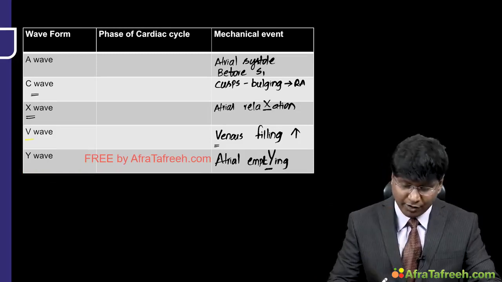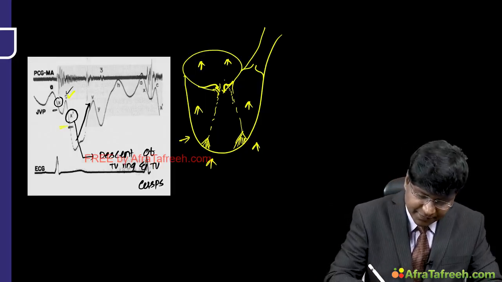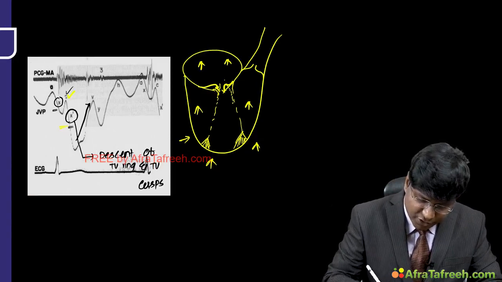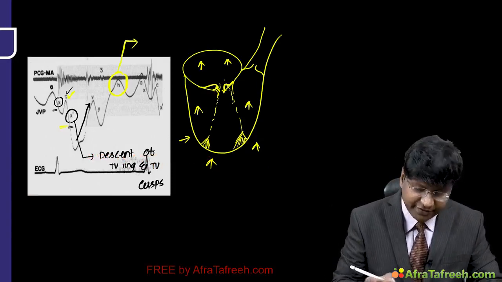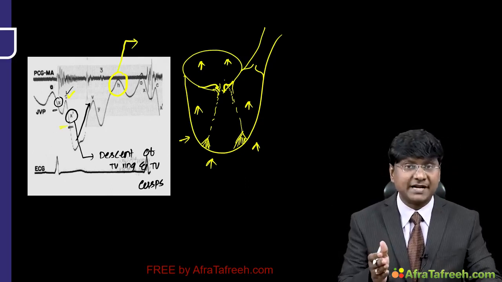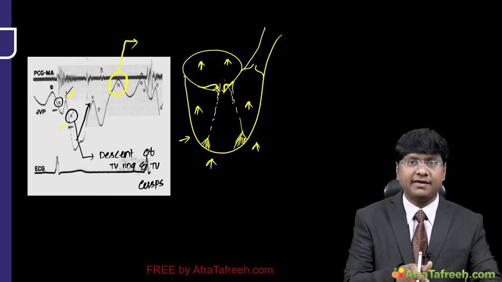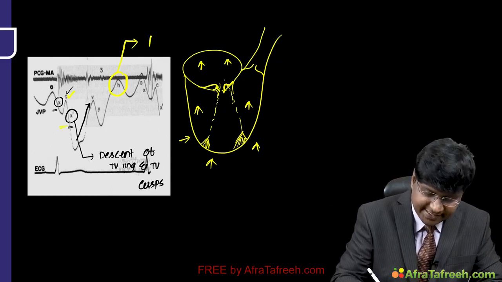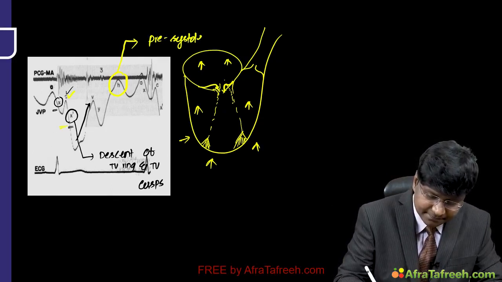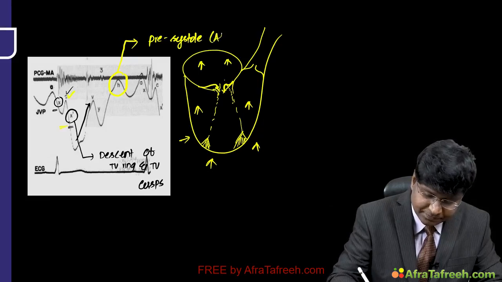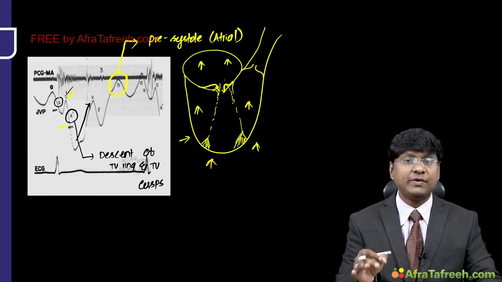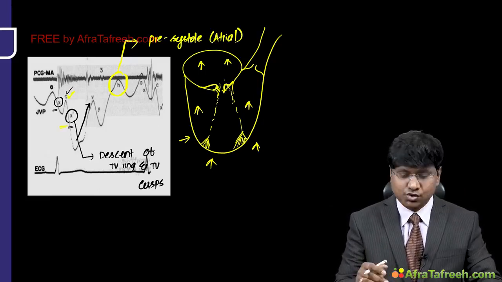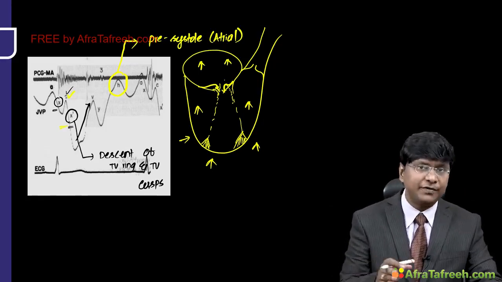One more important wave is the H wave. The H wave usually is not seen. This H wave is present before the A wave. That means it is a pre-systolic wave, but a pre-systolic wave of what? Not the ventricle, but of the atria.